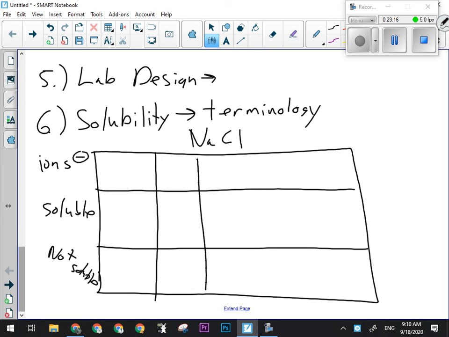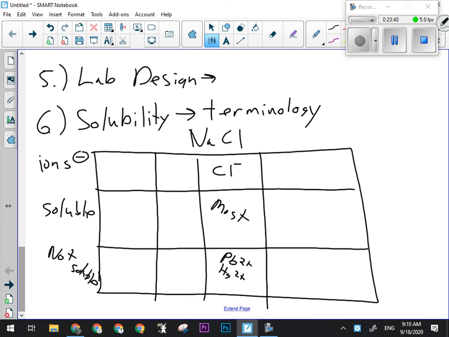You're looking at your solubility chart. You find chlorine right here, then you go down to here, and this says most, and a few other things. I don't remember what else is not soluble off the top of my head. Is that material soluble? Yes, it is.